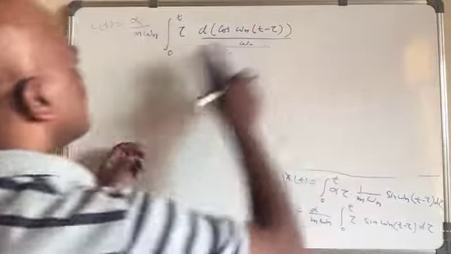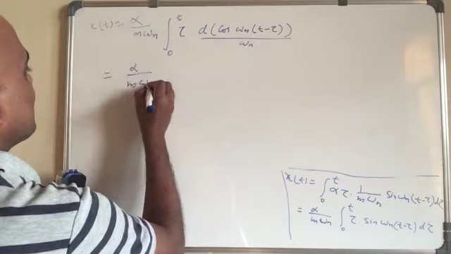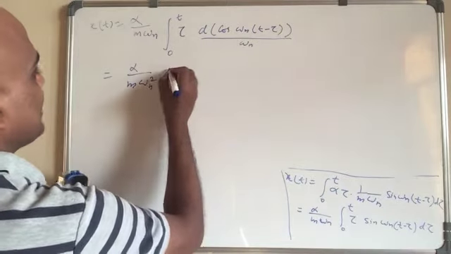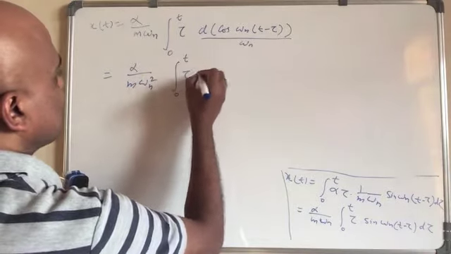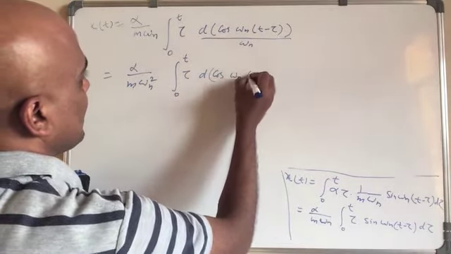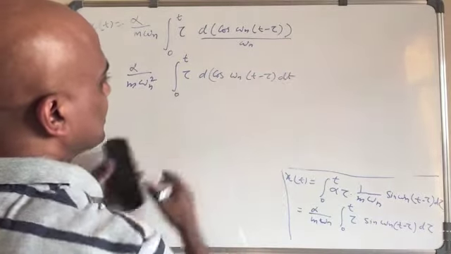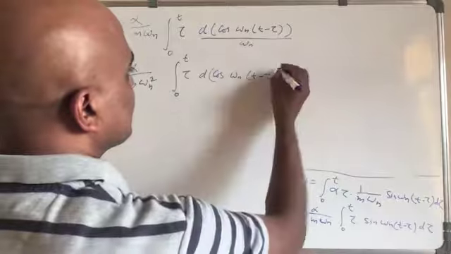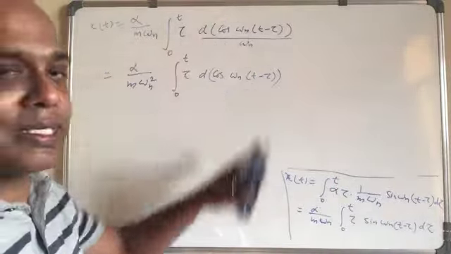So that is equal to alpha over m omega n squared, times the integral from 0 to t of tau d cos omega n (t minus tau). I'm using the integration by parts strategy.